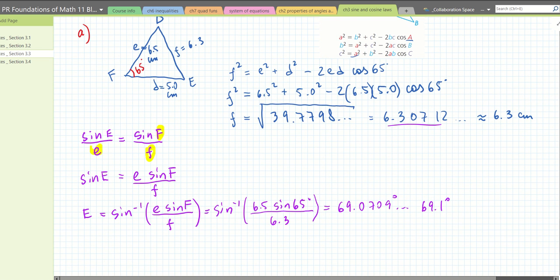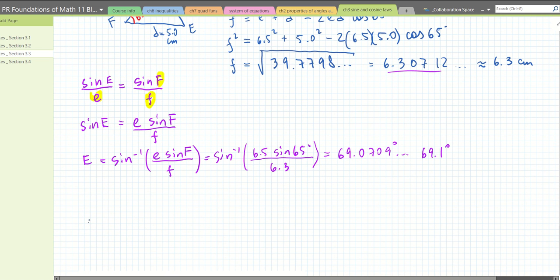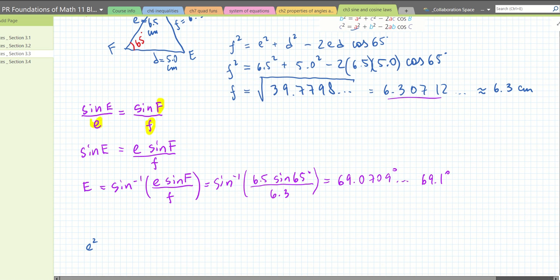Sorry, not D, E. We're looking for angle E. So you're going to say E squared is going to equal F squared plus D squared minus 2FD times cosine of angle E, right?